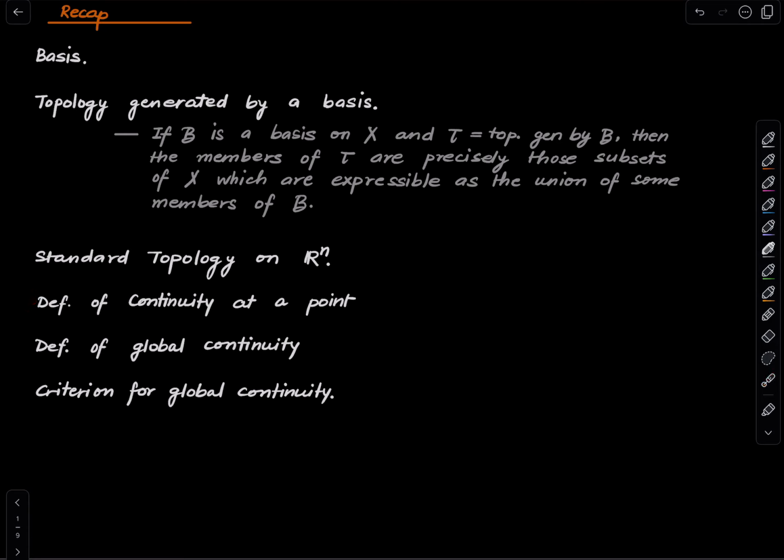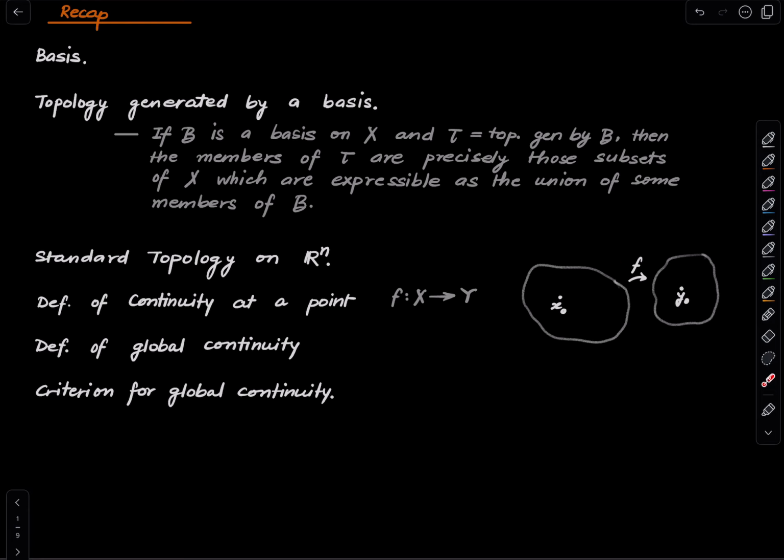Then we need to know what is meant by continuity at a point. Suppose we have a function from a topological space X to a topological space Y, and suppose we have a point in the domain, let's call that point X0, and its image is Y0, so Y0 is equal to f of X0. When do we say f is continuous at X0?